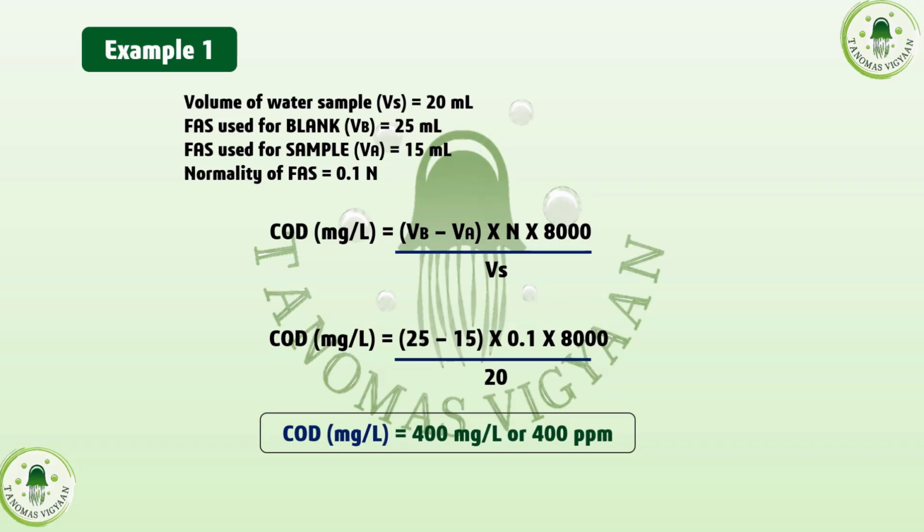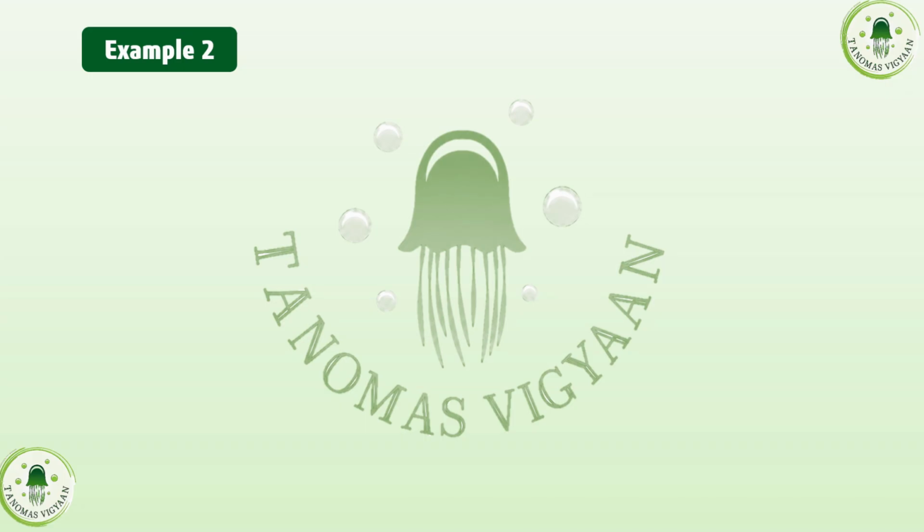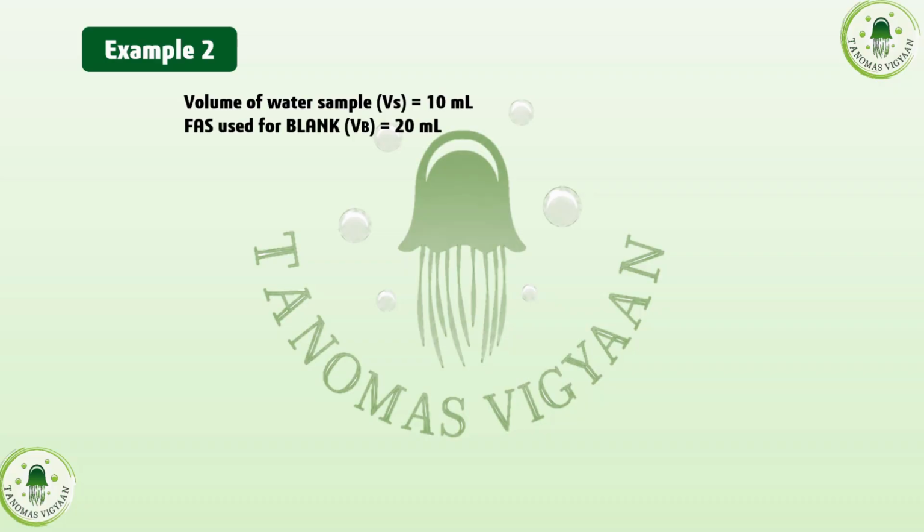Now let us look at another example. Here let's say the volume of the water sample you have taken is 10 ml. FAS used for blank, that is VB, is equal to 20 ml. FAS used for sample VA is equal to 12.5 ml, and the normality here you have taken is 0.05 normal. You have reduced the concentration here.